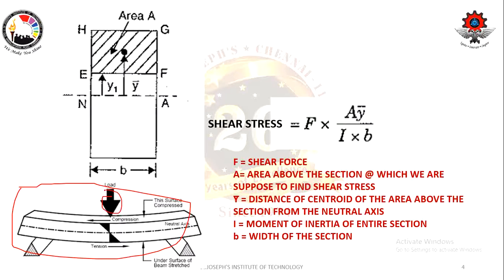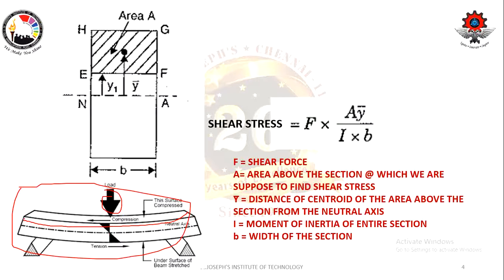The beam is going to bend in this way. The axis which is passing through the center of the beam is called the neutral axis, which is not going to experience any strain in it.